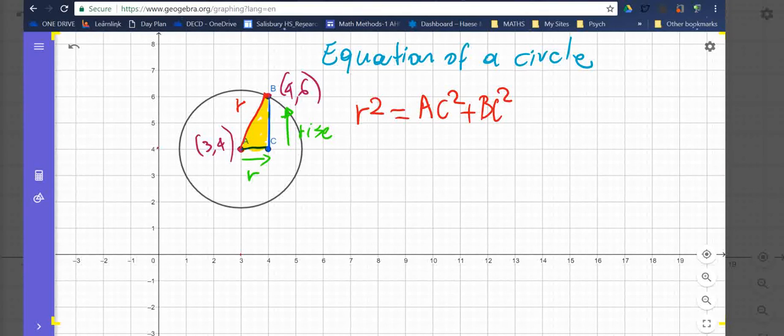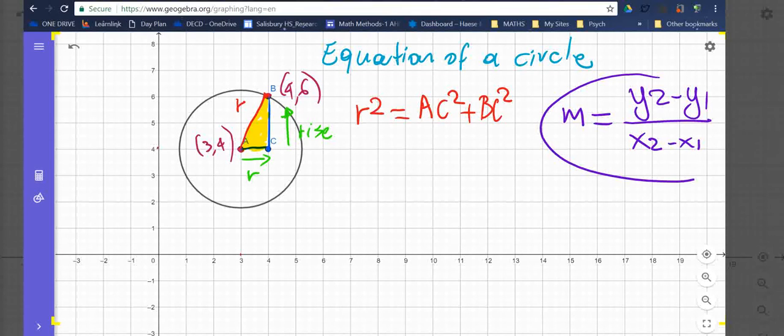However, let's think in a different way. I want us to think with regards to whatever we have learned until now, the gradient and that nice thing we said in the beginning of the year, m equals y2 take away y1 over x2 take away x1.